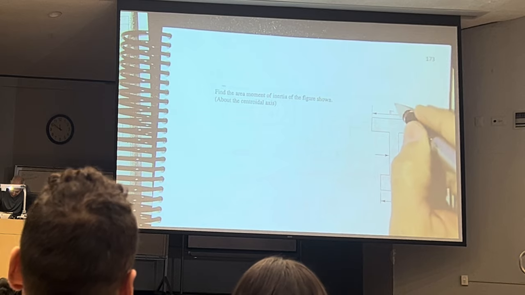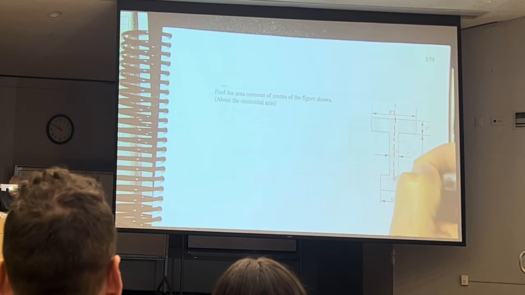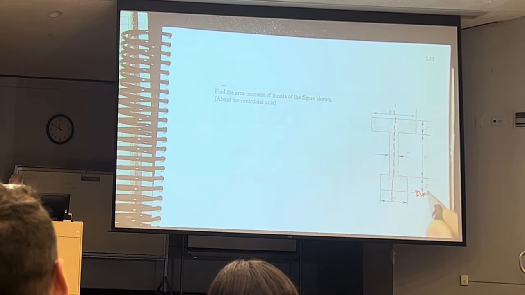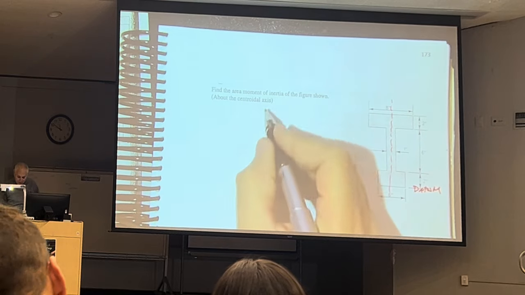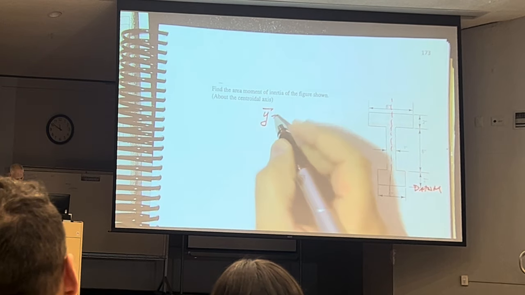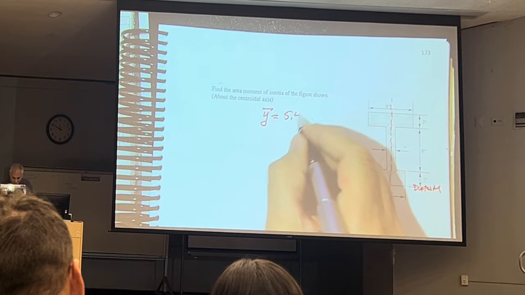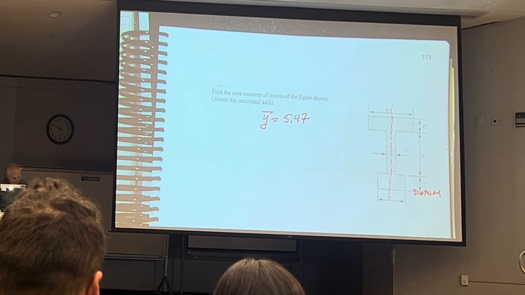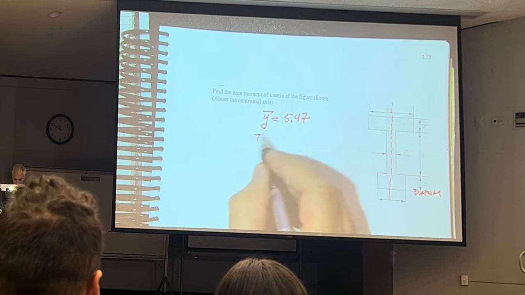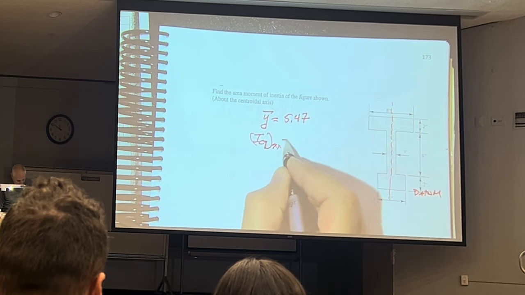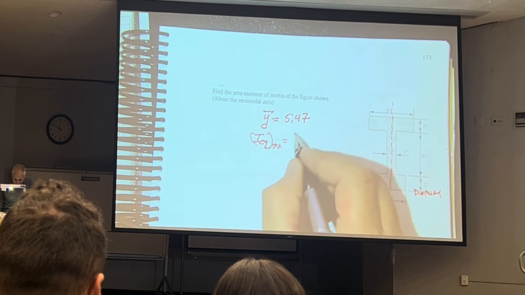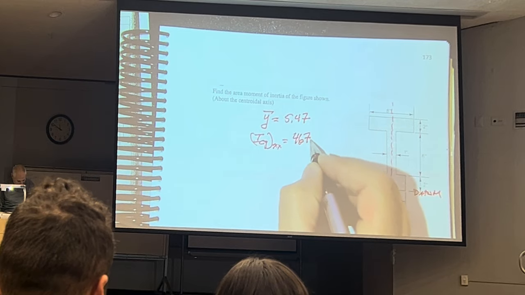This has an axis of symmetry. So I'm going to put a datum down here and measure everything from the datum up. All you need is a y bar. This y bar turns out to be 5.47. My I about the centroid of the figure, XX, is going to equal 467.8.